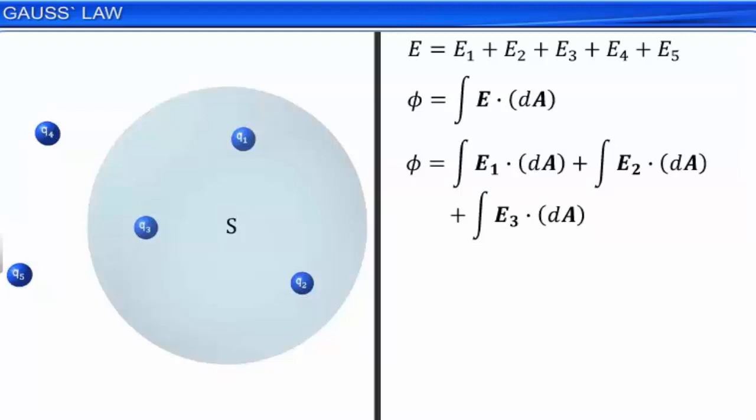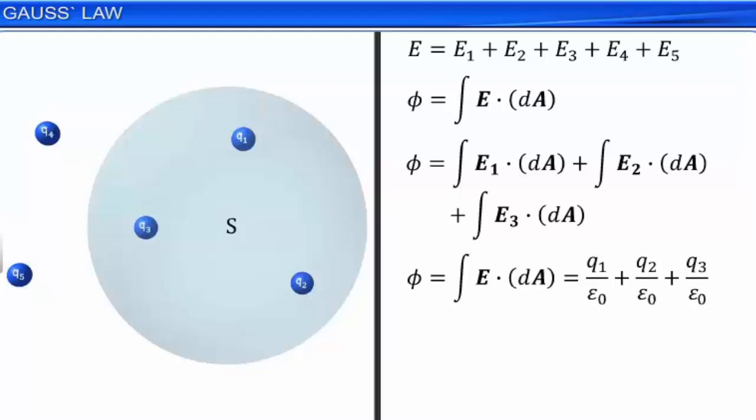Therefore, phi is now equal to Q1 by epsilon naught plus Q2 by epsilon naught plus Q3 by epsilon naught. Or we can say that net flux through the Gaussian surface is equal to Q1 plus Q2 plus Q3 by epsilon naught.